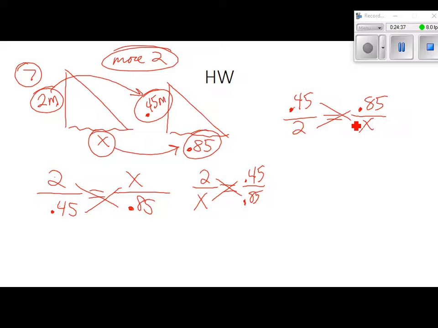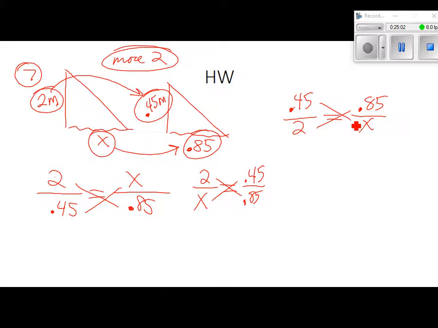Is it the same for any of those 3 setups? Yeah. So there's several different ways you could do it. Now the bad thing with telling you several different ways, I try to keep it to one way, so that you don't mess it up at some point. Because are there wrong ways to set it up also? Yeah. No matter which of these 3 ways you set that up though, it's going to come out the same.